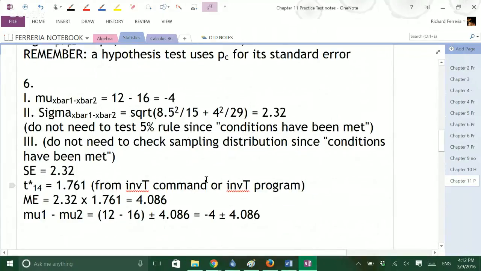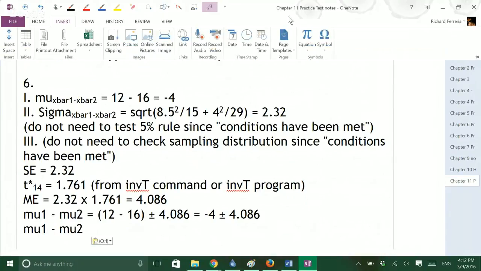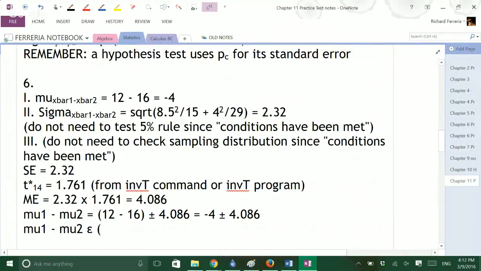Or to put it the other way, mu1 minus mu2 should be between negative 8.0809, no, oh negative, I'm really dumb, negative 0.0809 to 0.086.